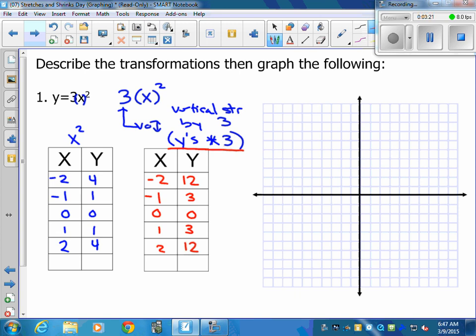So now, once we have our transformed graph, we put it on the coordinate axes: 0, 0; -1, 3; 1, 3; -2, 12. Goes off the graph a little bit, but that's okay. And then 2, 12. Make sure that with the x squared, you're rounding your graph slightly as you draw those points.